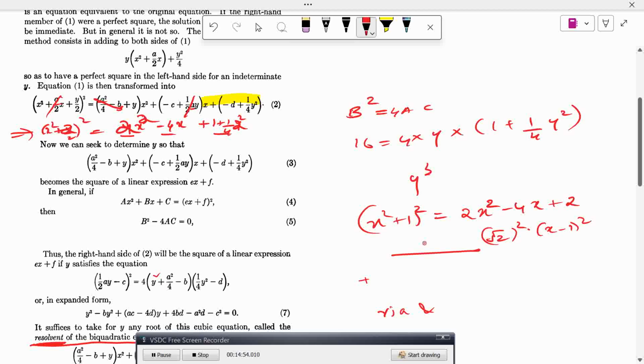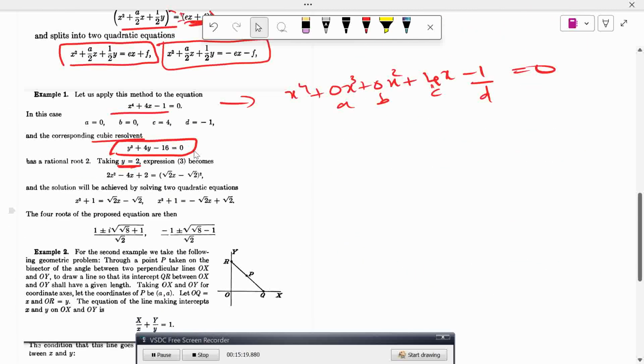Take 2 common outside. So this is nothing but root 2 into x minus 1 whole square. Okay, so we have squares on both sides. X square plus 1 whole square is equal to root 2x minus root 2 whole square. So we will get two equations, these two equations, and you can solve them and get the answer.